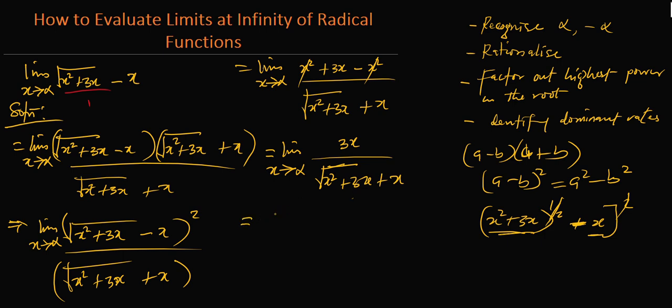So what we have left will be the limit as x approaches infinity of 3x all over, if we factor out x squared, root x squared multiplied by 1, that will give us x squared, plus 3 multiplied by x squared will give us 3x squared, but we are having 3x, so what we do, we divide by 3 over x.